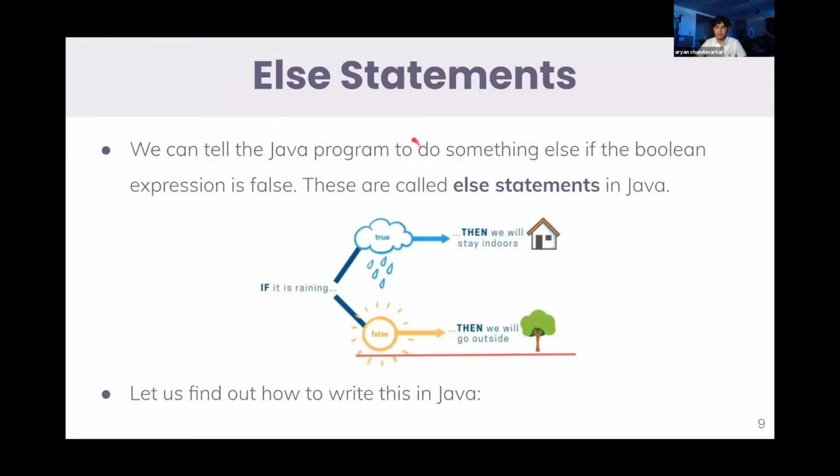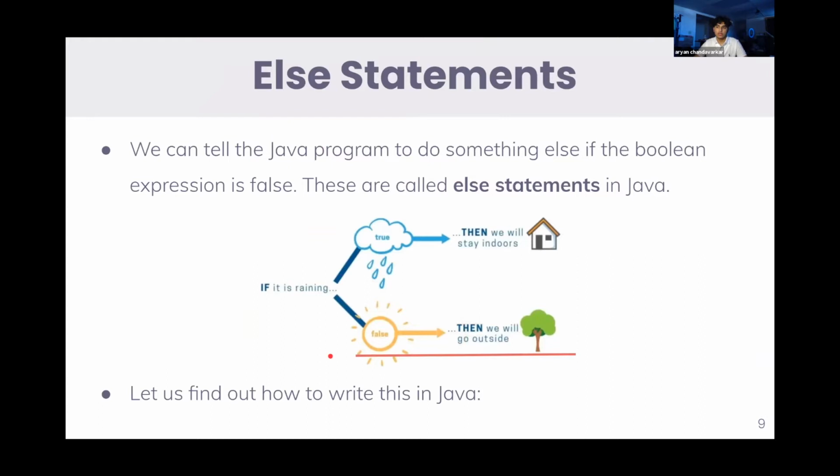Now, the second type of conditional statement is called an else statement. Now, an else statement is whenever something is false. So we can tell the Java program to do something if none of the variables match the expression. So for example, here, the else statement would be false.